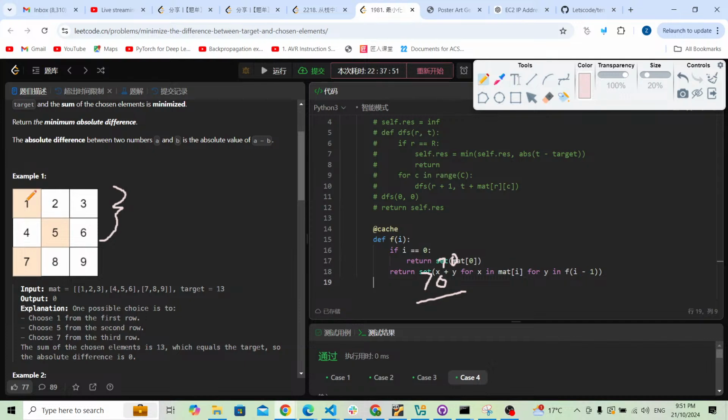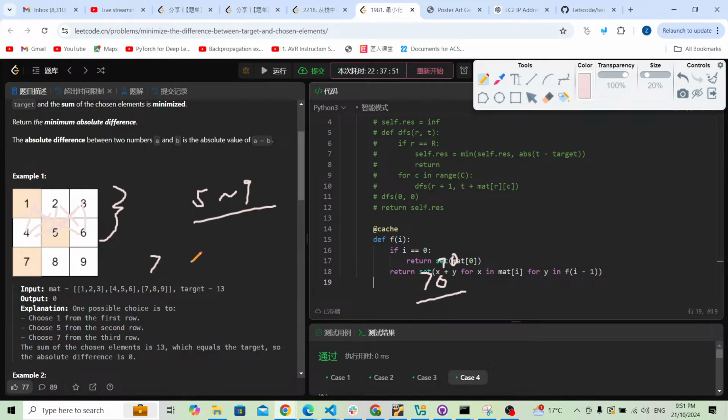So f0 is going to be 1, 2, 3. So the combinations are 4, 1, 4, 2, 4, 3, 5, 1, 5, 2, 5, 3, and 6, 1, 6, 2, and 6, 3, which is going to be something like 5 to 9. This is all the possible results.